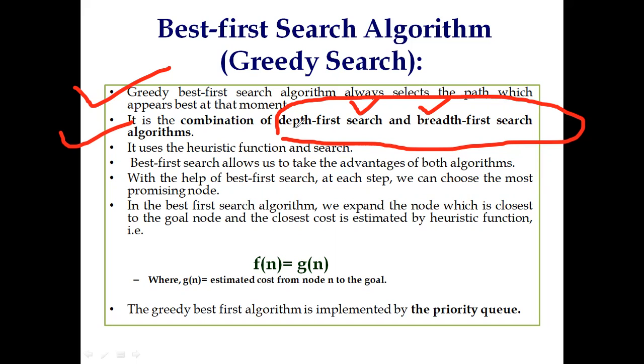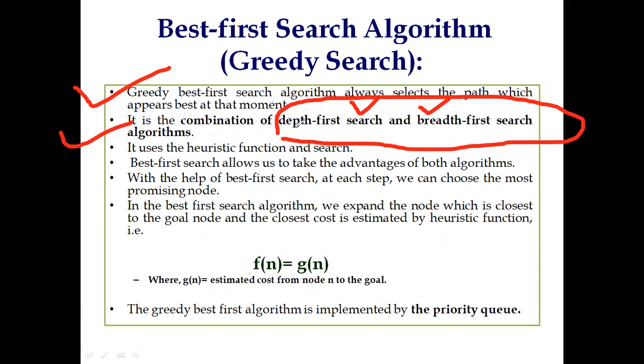The first one's advantage is that it can give you a solution in less time, on the condition that it goes to the depth of the branch in which it is searching. So it may give you the solution in a shorter period of time in comparison to other search algorithms. But in the case of breadth first search, if there is a solution in the tree, you are 100% guaranteed to get it. You are surely going to get a solution if it is there in that tree.